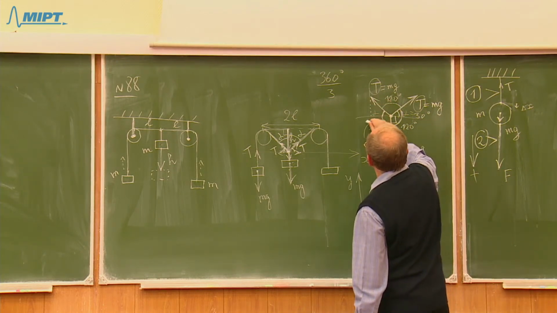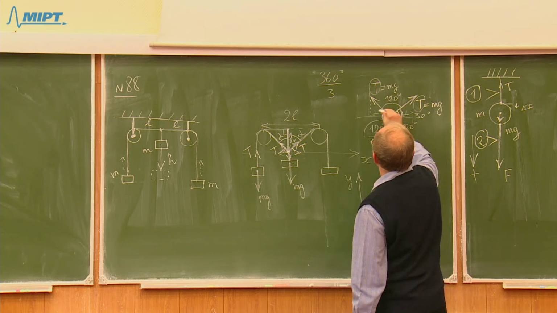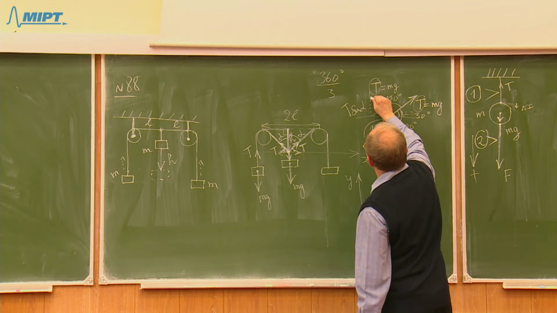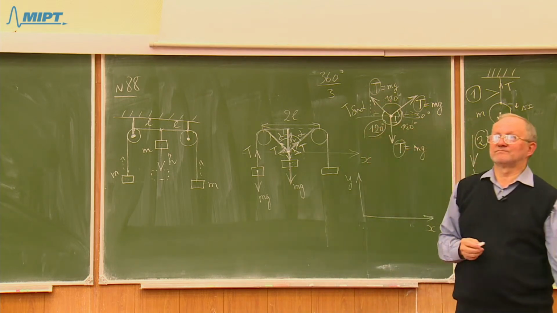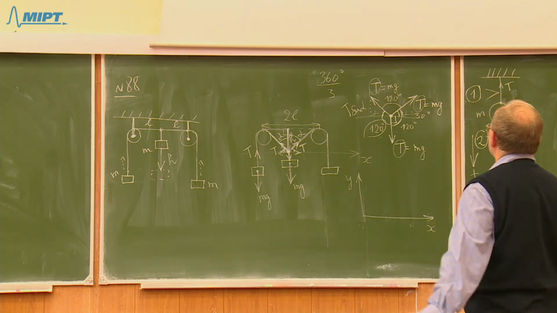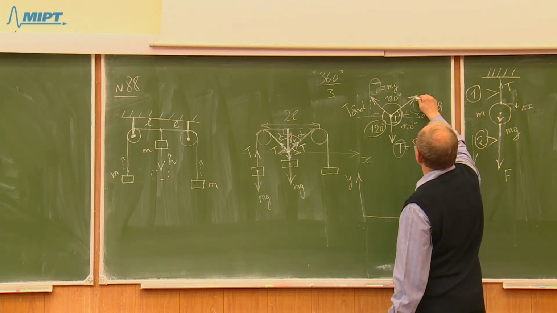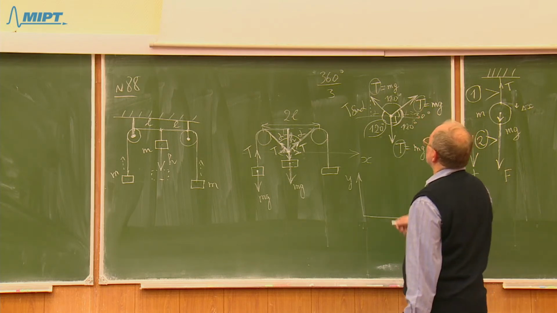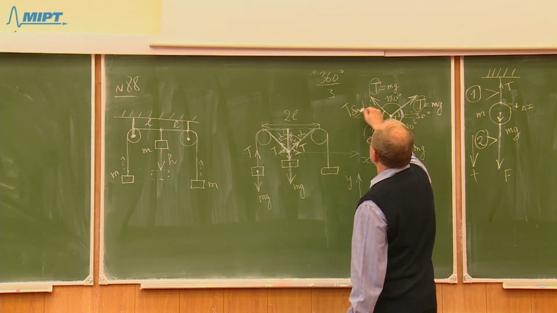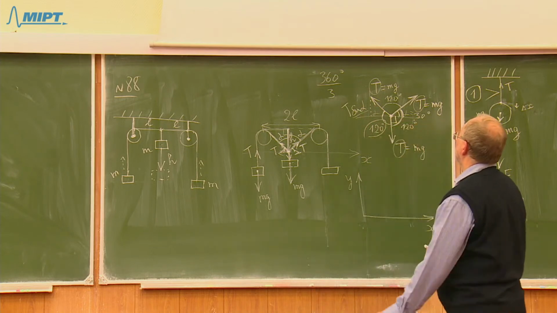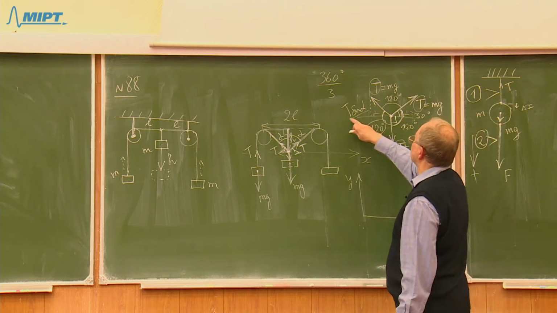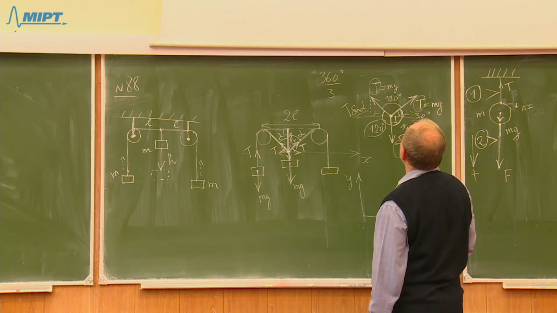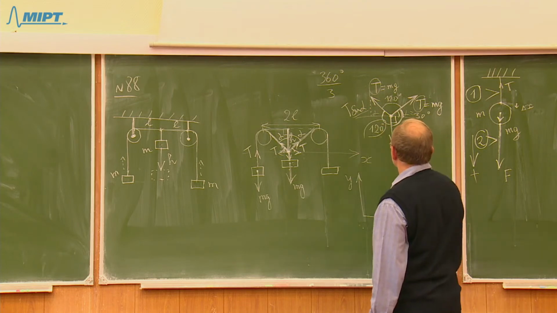And therefore, the vertical component of this force must be T sine alpha. That is this vertical component. And also the vertical component of another vector will be, again, T sine 30 degrees. And alpha is 30 degrees, therefore sine alpha is 1/2. Therefore, the vertical component of this vector is T divided by 2.